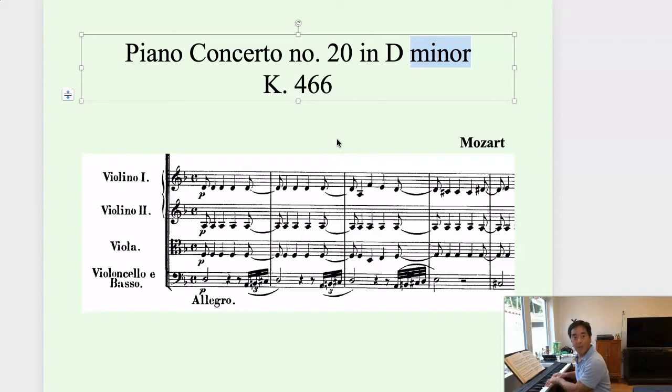So it sounds something like this. So 1, 2, 3, 4. And then together with the basses, if I can do it. Okay, and I played beat 1.